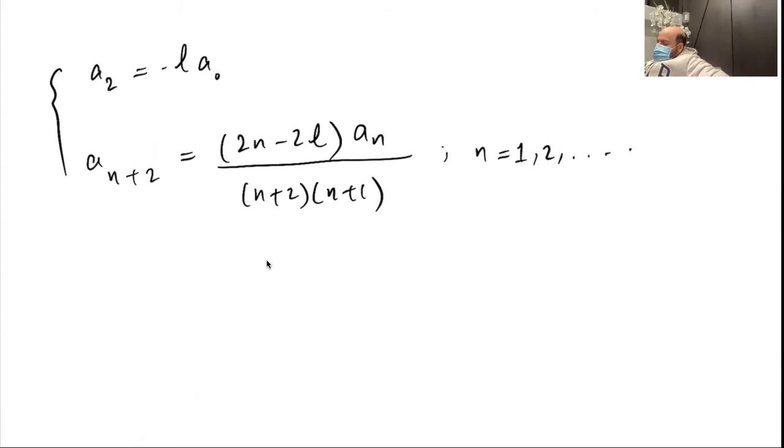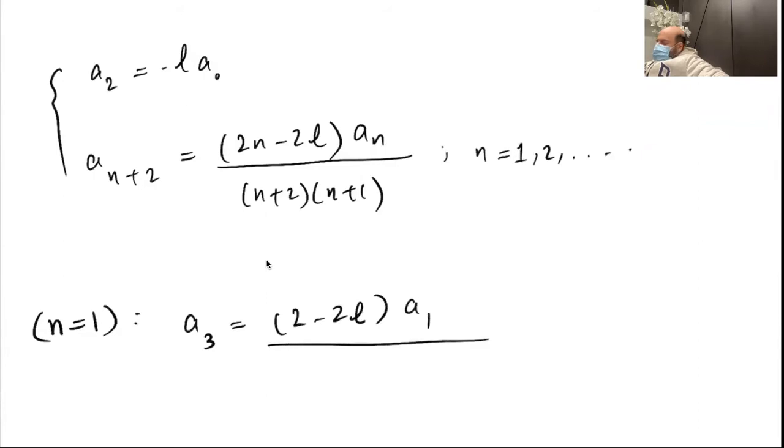If I replace n with 1, then I'll get a3 equals (2 minus 2l) times a1 divided by 3 times 2.